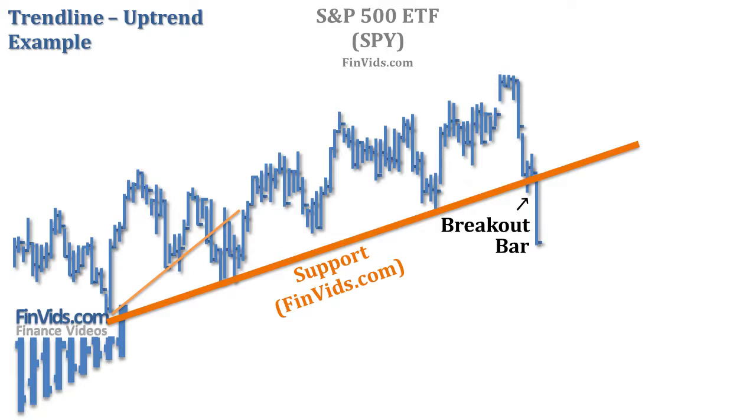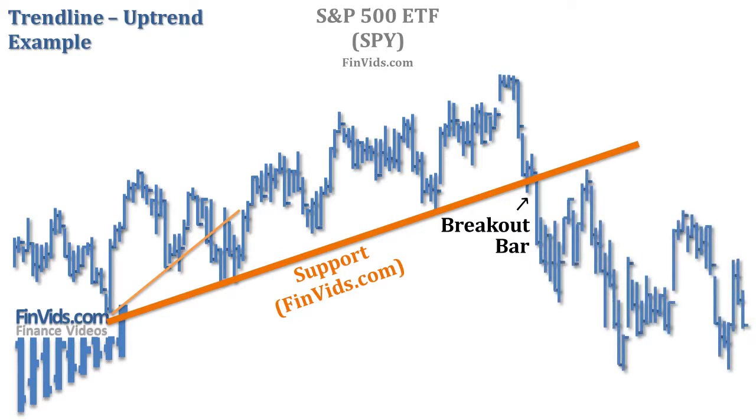And then we have a breakout below the support, which triggers a sell signal. So in this example, the support trend line was broken 134 days later, which is very close to the average or median 137 days suggested by Bulkowski.